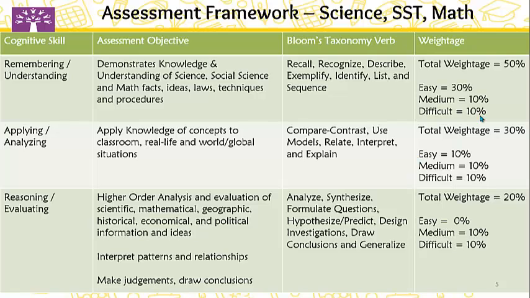Similarly, for 30% of analytical questions, the easy, medium and difficult levels all have 10%. Reasoning and evaluating are higher levels of thinking. Although the board has given a weightage of 10% for medium and 10% for difficult levels of questions, there are no questions of lower difficulty or easy level.